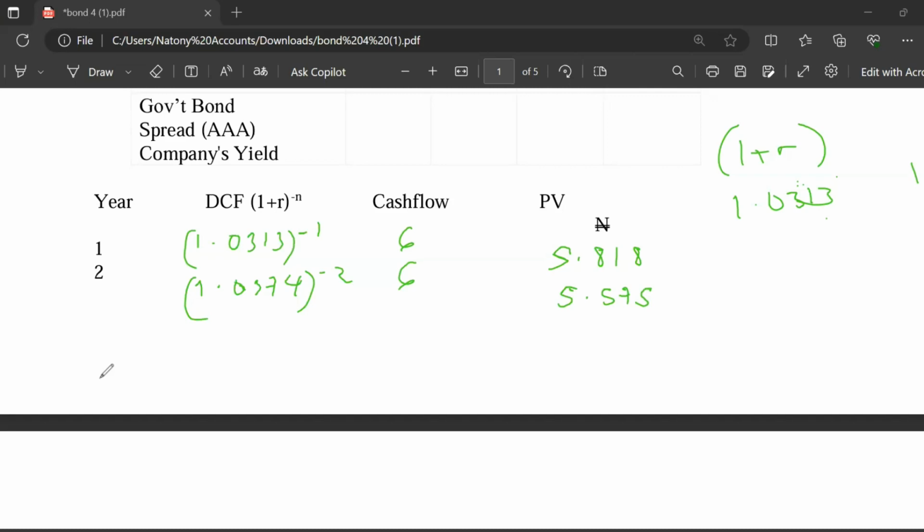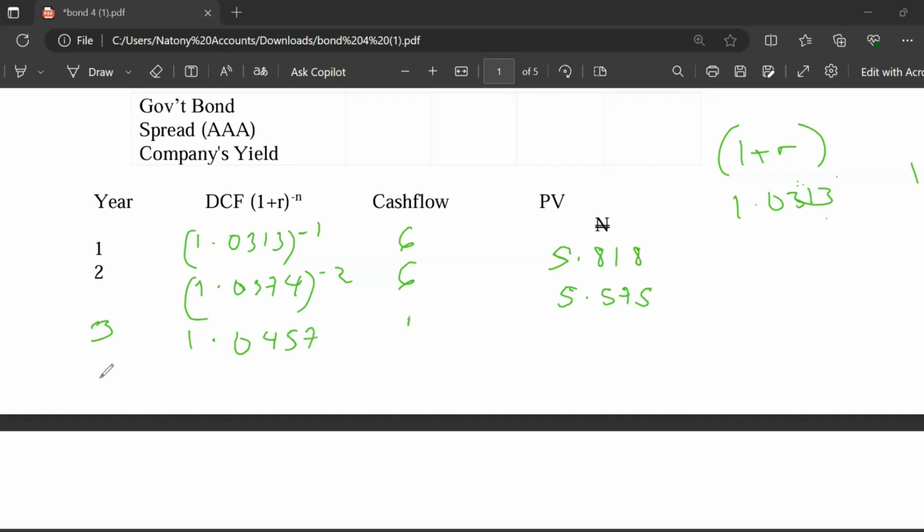Let me bring in year three. So for year three, what is the discount factor? From the calculation earlier done, 1.0457.